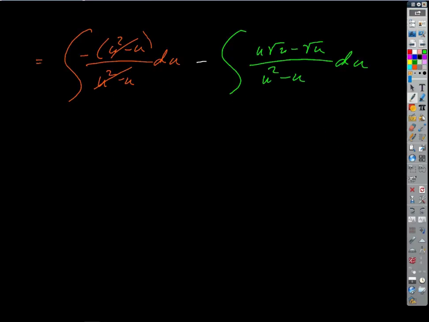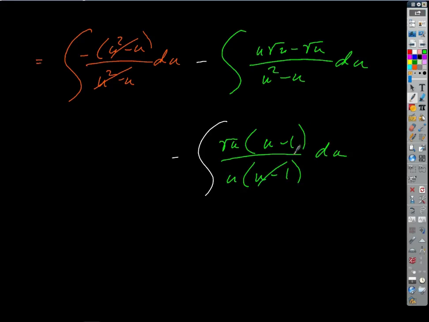And on this one, let's factor out a square root of u on the top, leaving us with u minus 1, and let's factor out a u on the bottom, leaving us with u minus 1. Those cancel. And that's something we can do. That's u to the 1/2 divided by u to the 1, which is u to the negative 1/2. So we end up with something we can actually do.